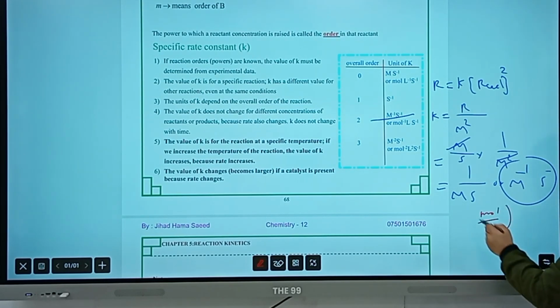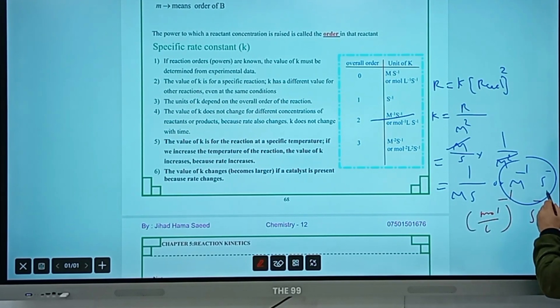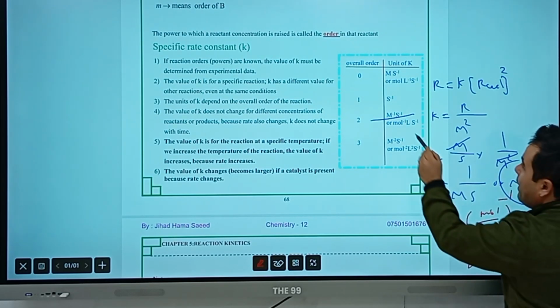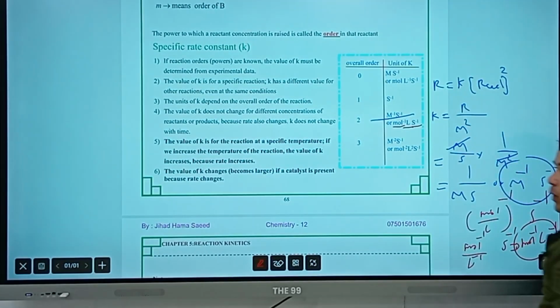Mole per liter to the power of minus 1 s minus 1. This minus 1, you know math, when we open the bracket will be for mole and liter as well. So mol minus 1, L minus 1, s minus 1. Take the liter to the numerator, you'll get mol minus 1, L, s minus 1.